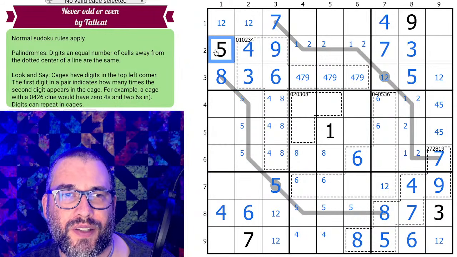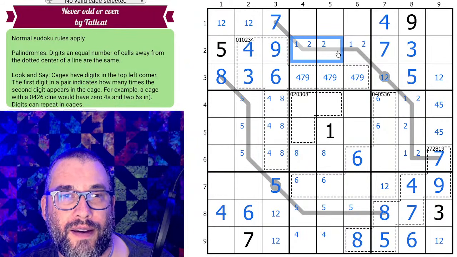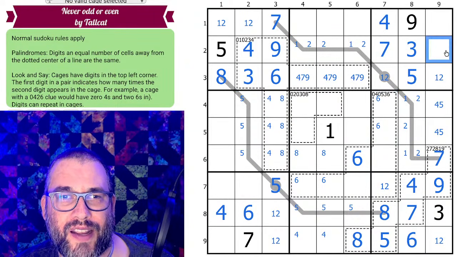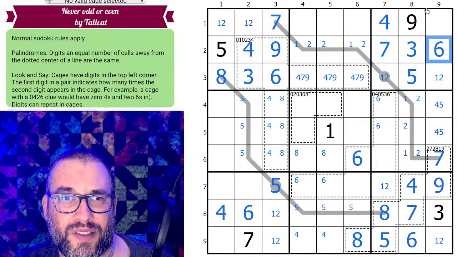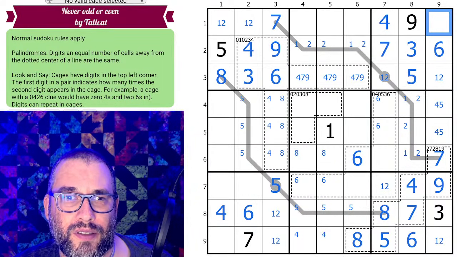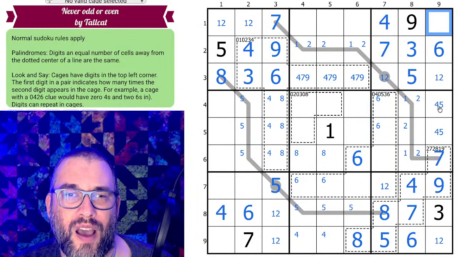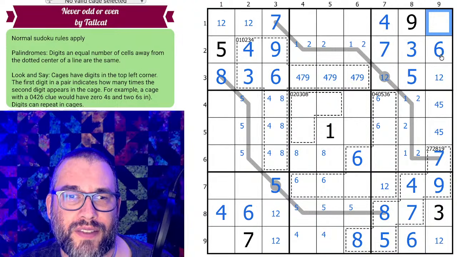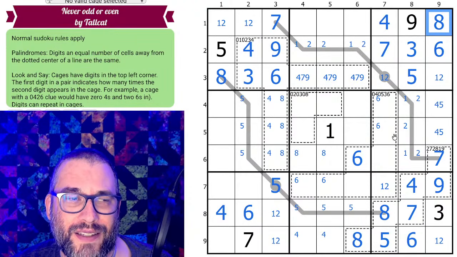We need a 6 in row 2. Not on the palindrome. Breaks that cage. So that's our 6. And this, not 1, 2, not 3. This is not 4. Where's the 4? 4, 5, 6, 7. Oh, this is an 8.